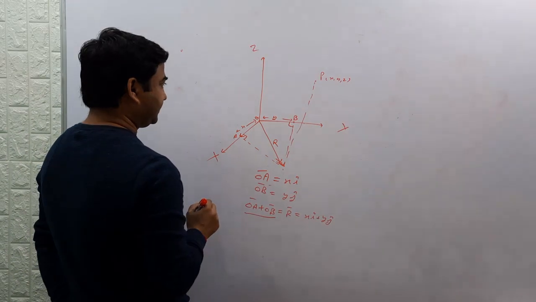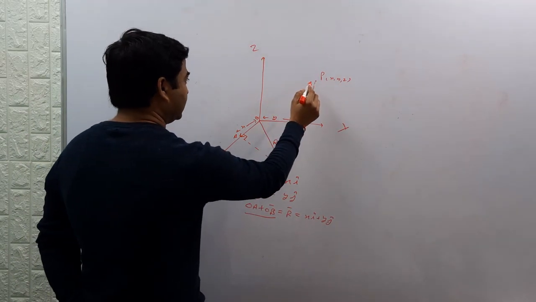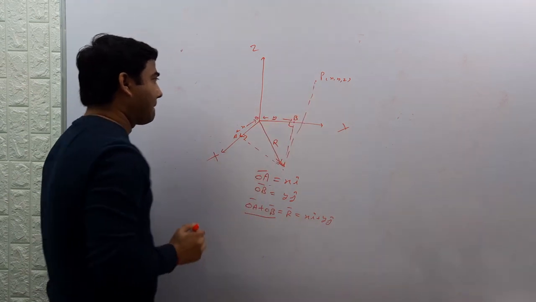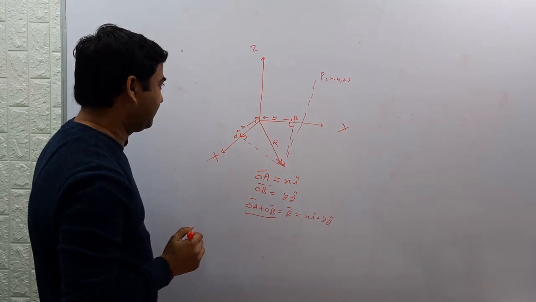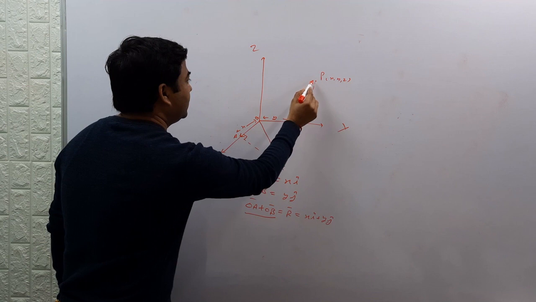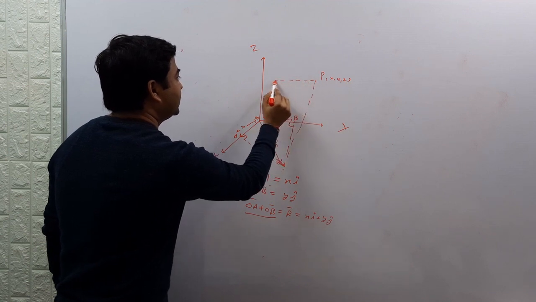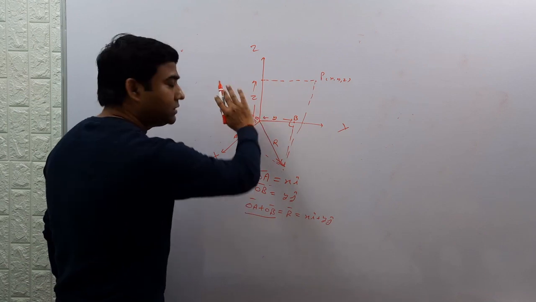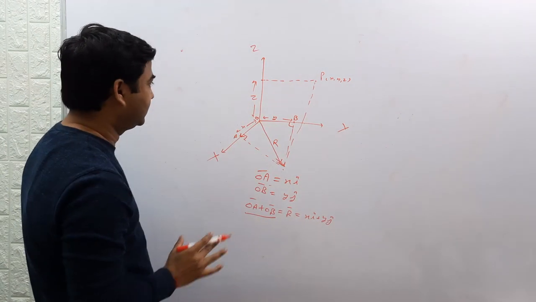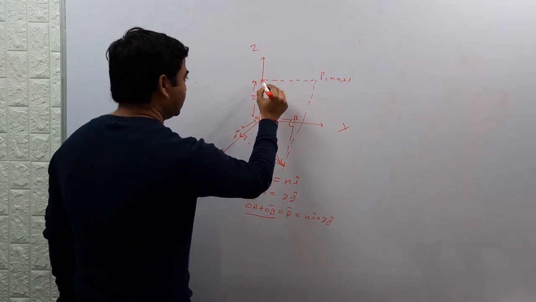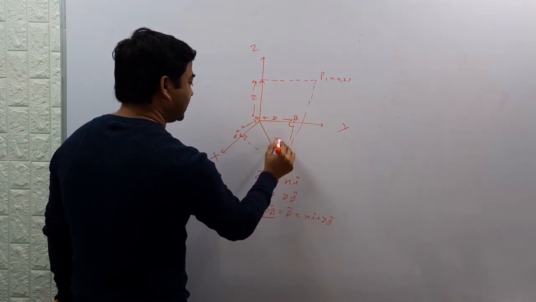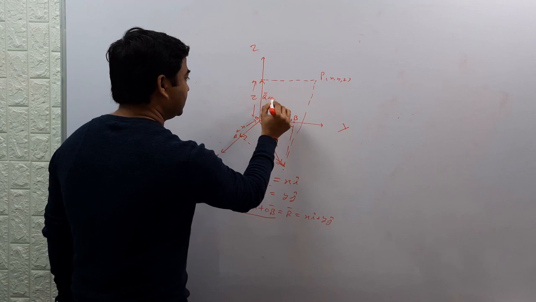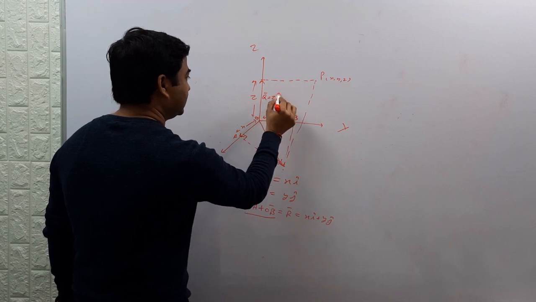Now draw a perpendicular from P to the z-axis. So this length is z, as per the definition of Cartesian coordinates. This vector was R, and this vector is Q. This vector is zk.